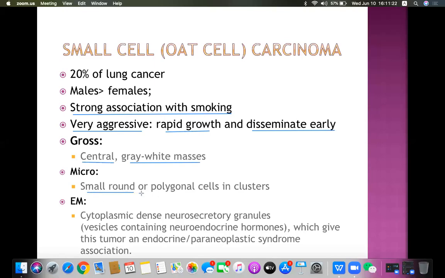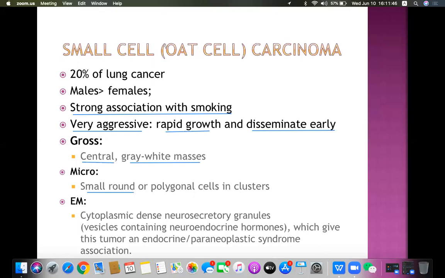There are so many other tumors which are small and rounded, like lymphoma, especially non-Hodgkin's lymphoma, neuroblastoma, retinoblastoma, medulloblastoma. All of these are small rounded tumors. So this comes as a differential diagnosis for a small rounded cell.